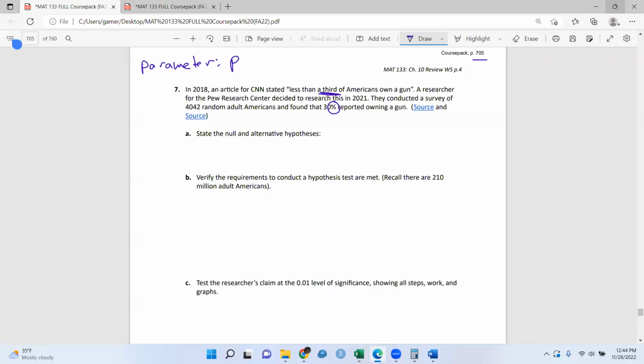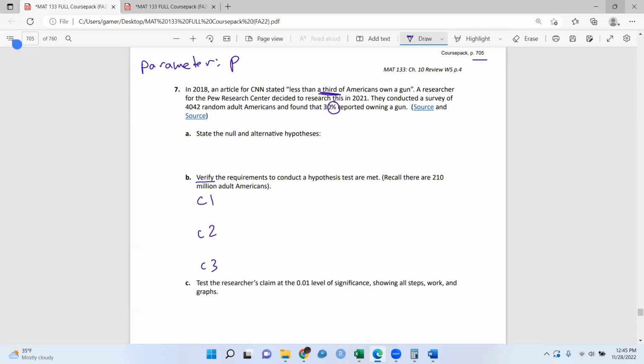What are you being asked to do here? Confidence interval, verify the conditions, blah, blah, blah. What's the big question you're being asked? So maybe I should note, here's the verify the conditions part, right? So this is a C1, a C2, and a C3.